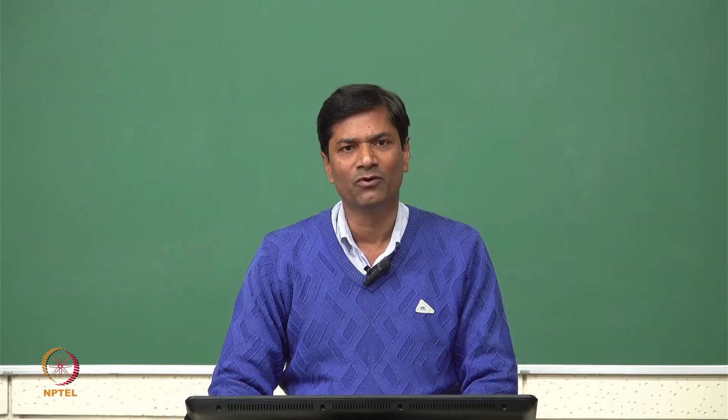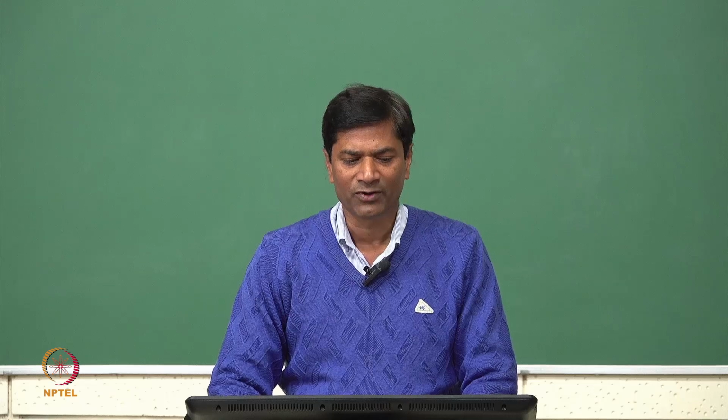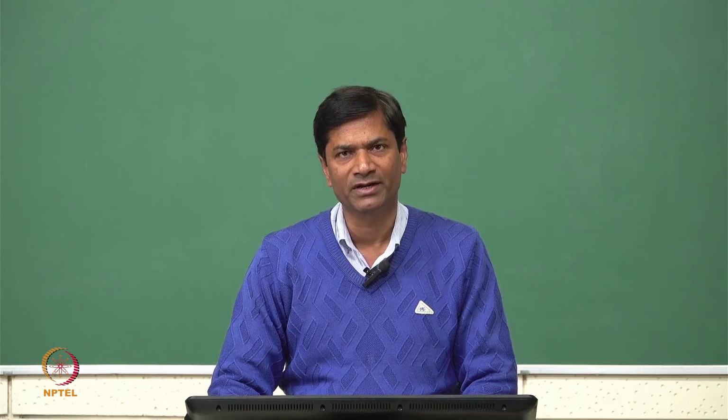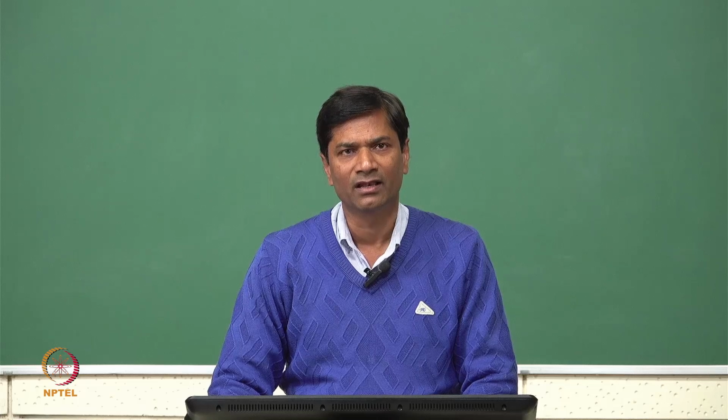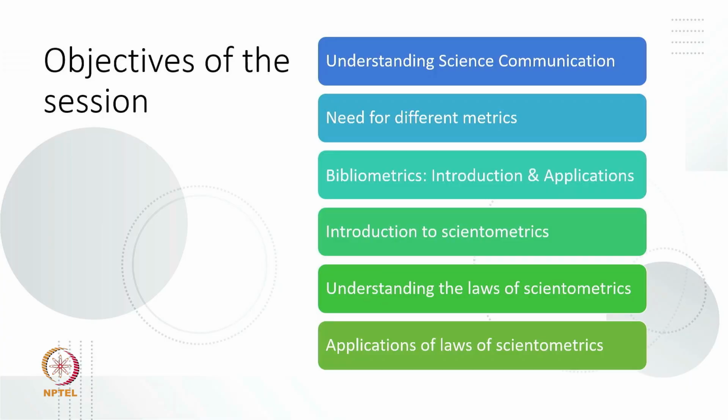Today, I am going to cover the introduction and application of bibliometrics and laws of scientometrics in the mapping of science communication. The basic objective of this session is to understand science communication. We will be discussing what science communication is, and why we need different metrics for measuring it.